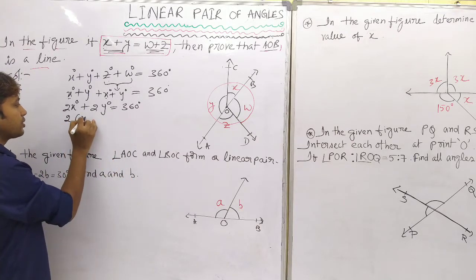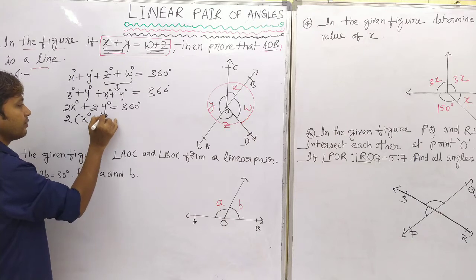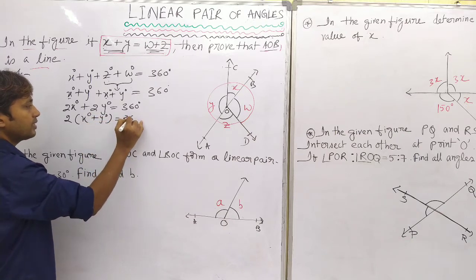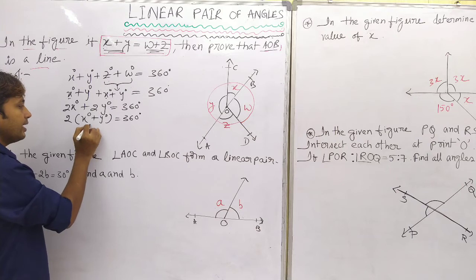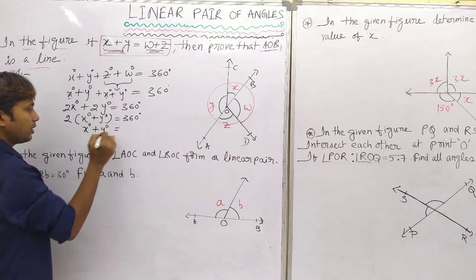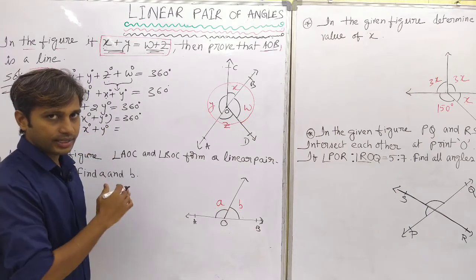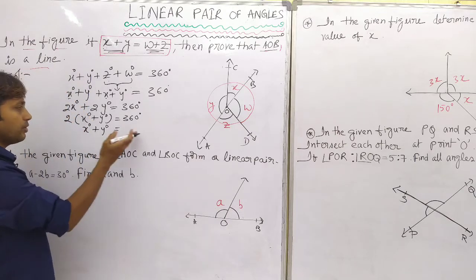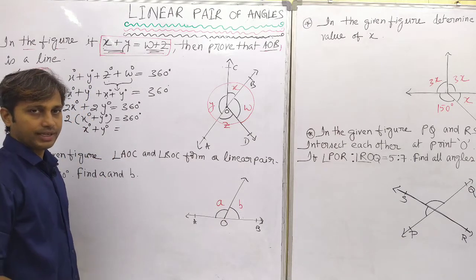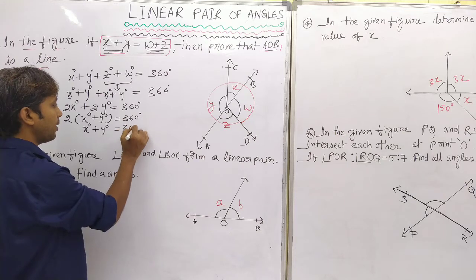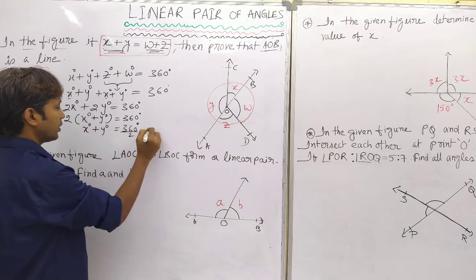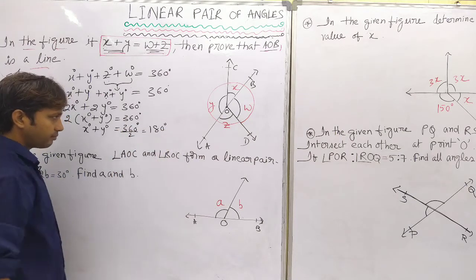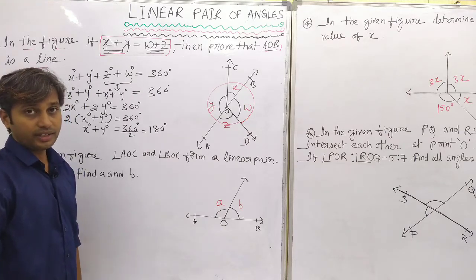So 2 times x degrees plus y degrees would be equal to how much? 360 degrees. Now x plus y degrees equal to, this 2 is multiplied on this side. If you take it to the other side of the equation, it will divide. So that means 360 upon 2. How much would its value be? 180 degrees. You got that or not?